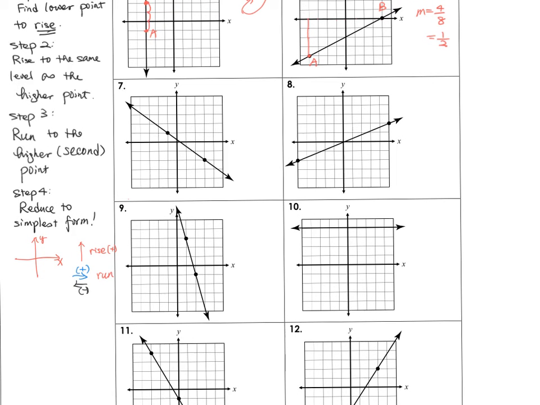The only thing that I want to demonstrate quickly is this special case in number 10. Pick any point, any 2 points. In this case, there's no lower or a higher point. Guess what? You still rise, except that now your rise is 0. And your run can be anything.